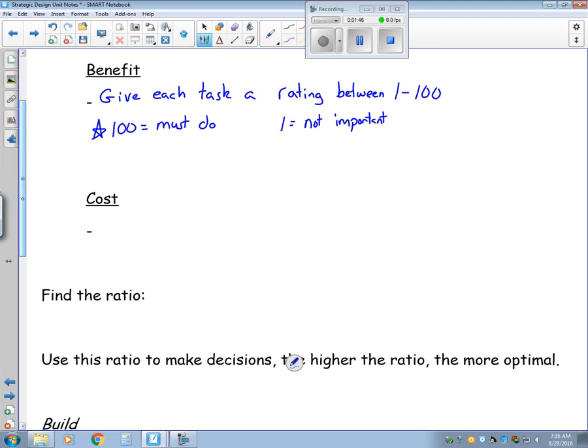Then for each task, you're going to give it a second number, or a second rating.